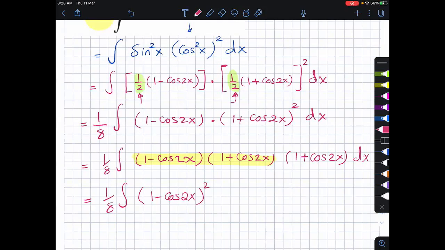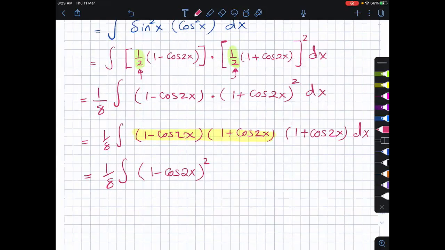And then again, the same, what we did, nothing. And then 1 plus, it's the same, kind of squaring 1 plus 2 cosine 2x. Now it's 1 minus cosine 2x. So I think here there's no escape from expansion. We have to expand first and then multiply.